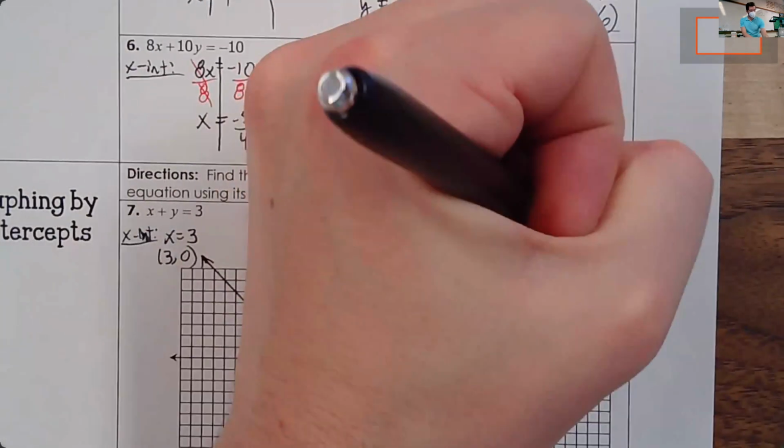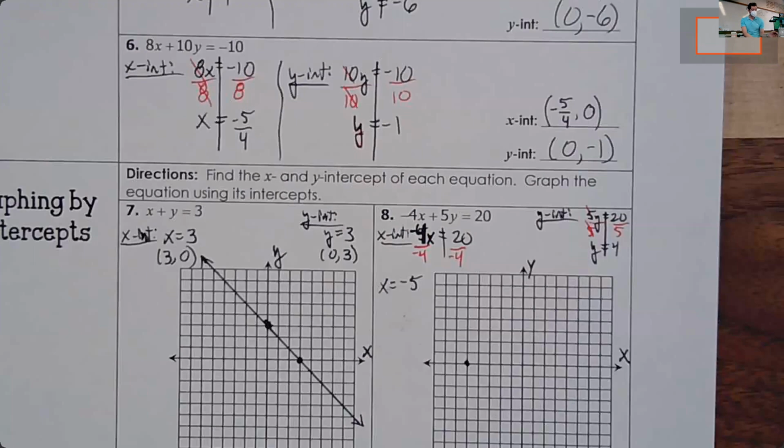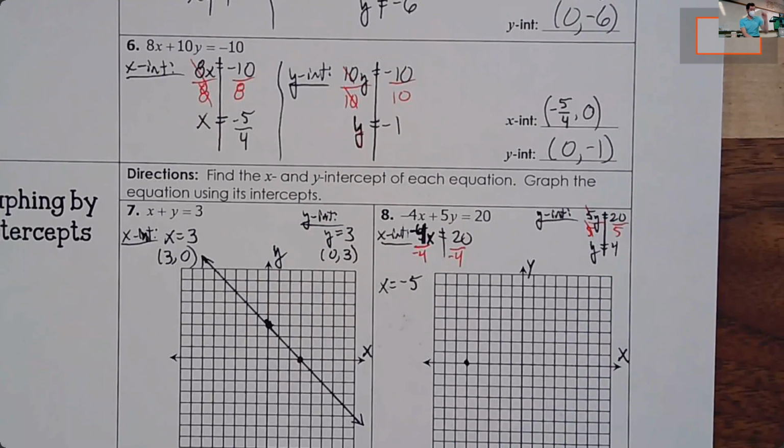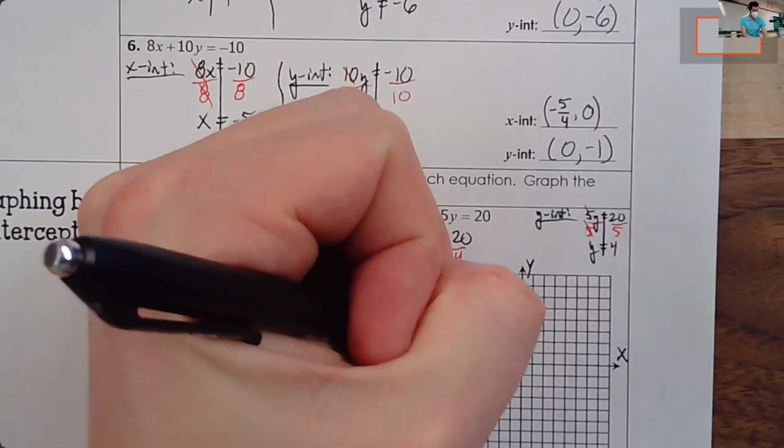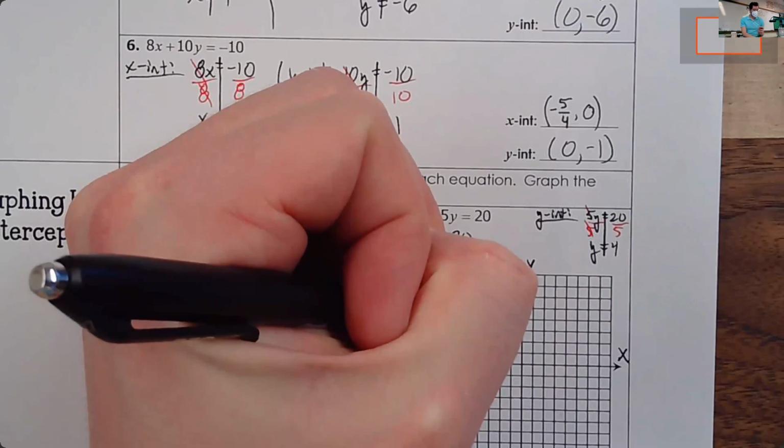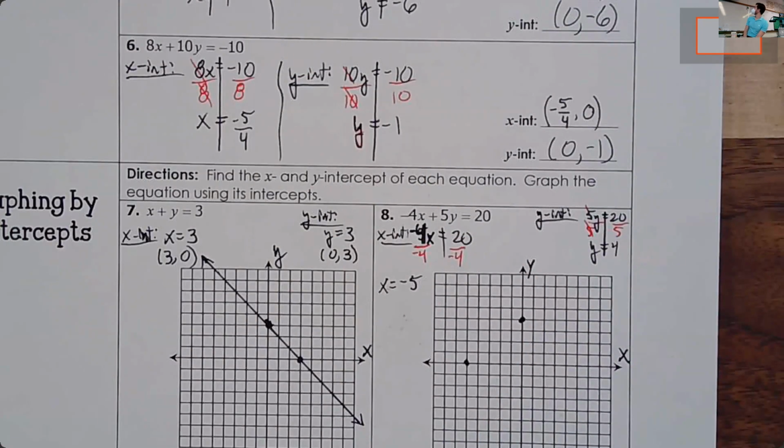And what does y equal? 4. So the y-intercept is 4, which means on the y-axis, we're just going up 4 from the middle of the graph. So 1, 2, 3, 4. And there's our y-intercept. And then we can line it up with our ruler and get our line through there with arrows at the ends.